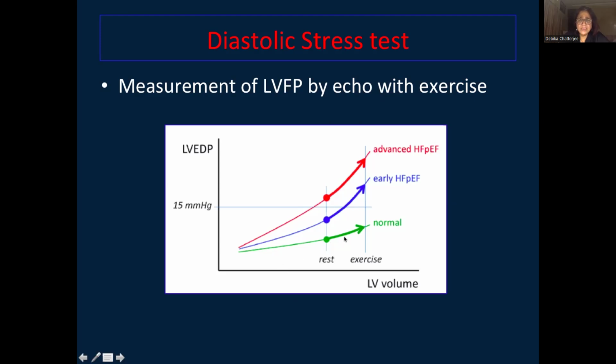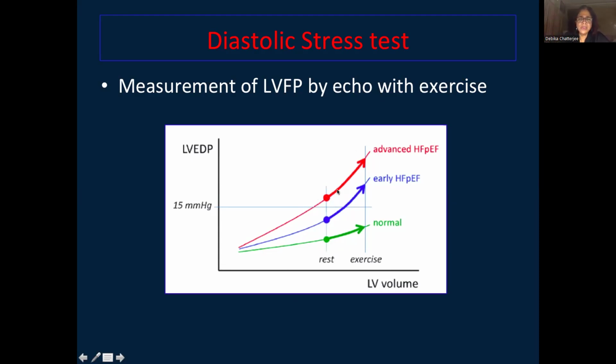Now, normally, the green color indicates normal people. At rest and exercise, at both stages, the LV filling pressure is normal, much below 15 millimeter of mercury. With advanced HFpEF, heart failure with preserved ejection fraction, LV filling pressure is high at rest as well, and it increases further with exercise.